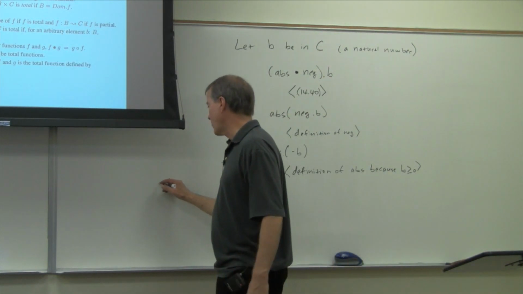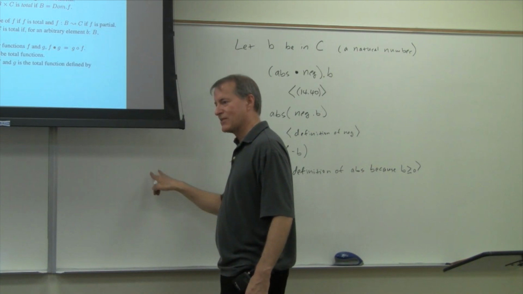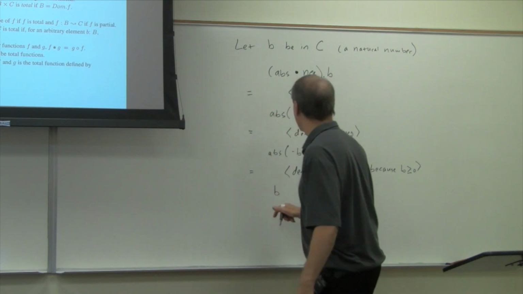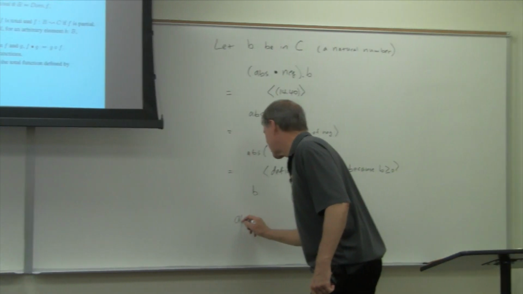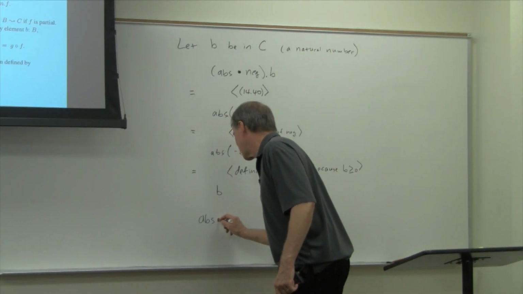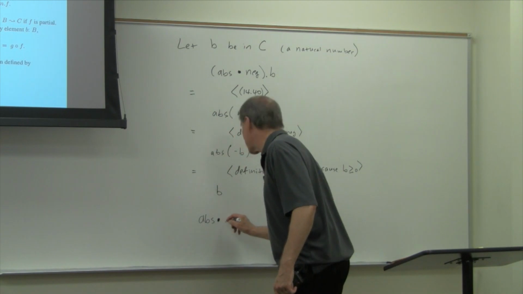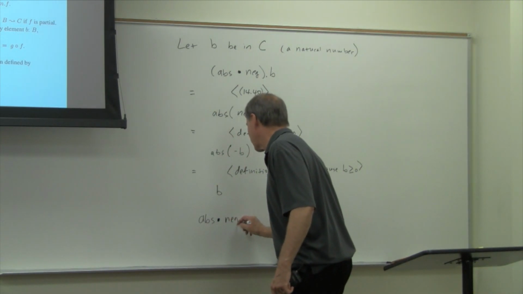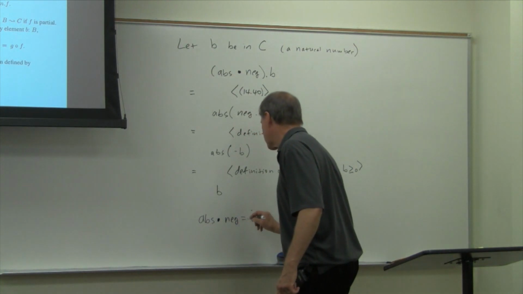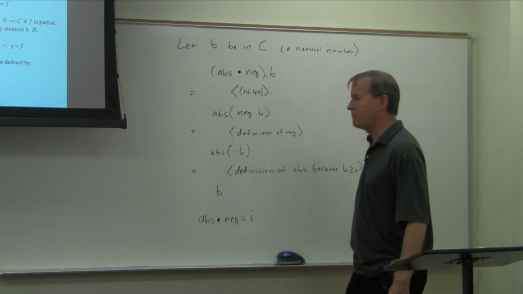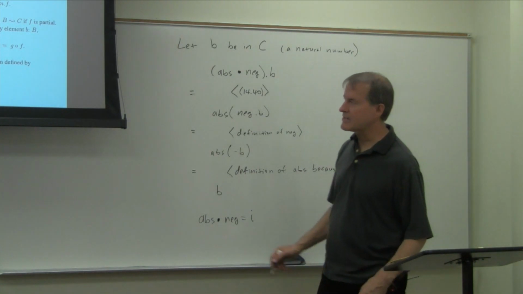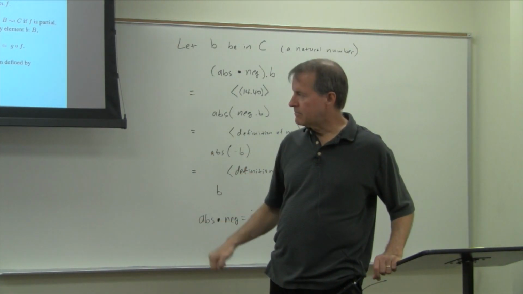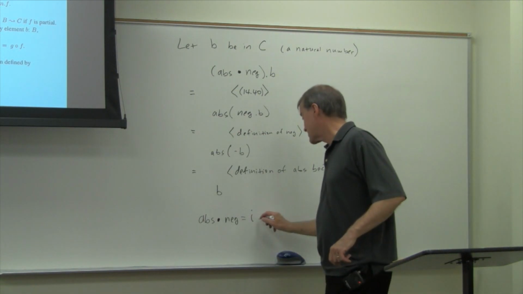So what we know about the identity is that the ordered pairs are all equal. So therefore, what we're saying is that abs compose neg equals I sub C. Is it I sub B, or is it I sub C? It is I sub C.